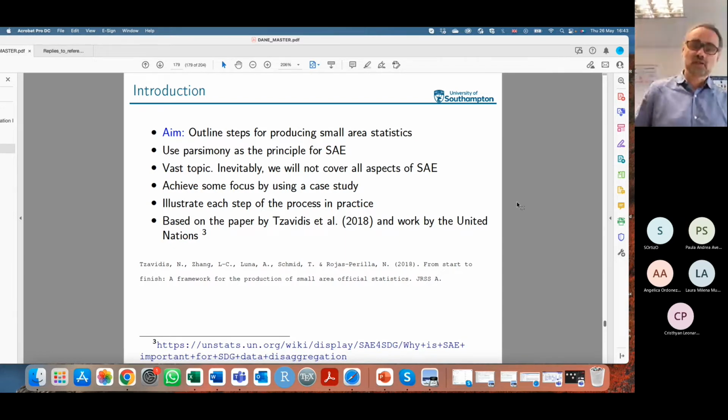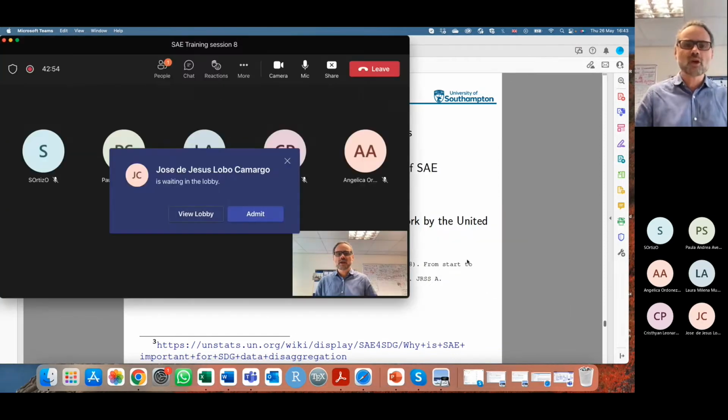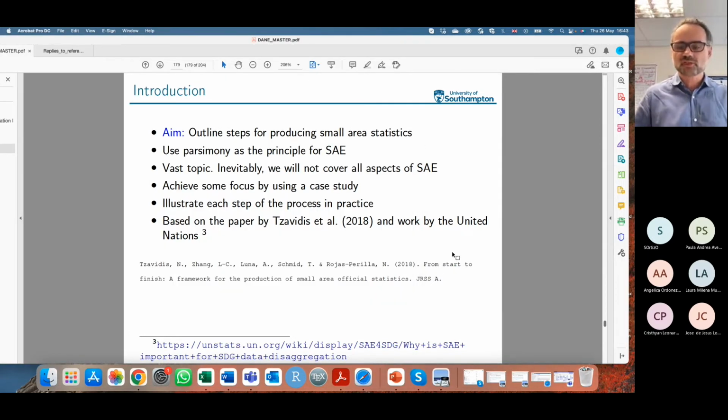We had quite lengthy discussions about that. And it is only one framework. People might come up with various different frameworks and various different ways of doing things. It's just one way of articulating the processes that can be used for implementing small area methods.